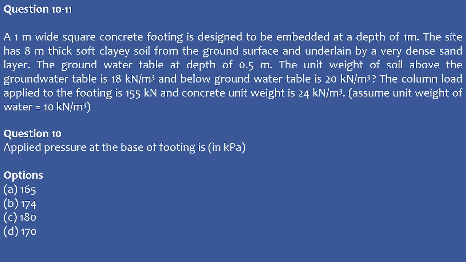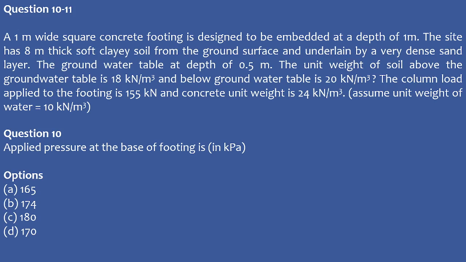Again we have a set of two questions from the same concept. We have a 1 meter wide square concrete footing which is going to be embedded at a depth of 1 meter, and the site has 8 meter thick soft clay soil from the ground surface underlain by very dense sand, with the groundwater table at a depth of 0.5 meter.